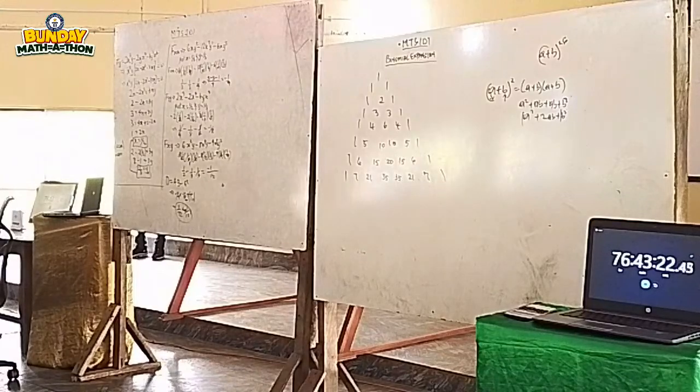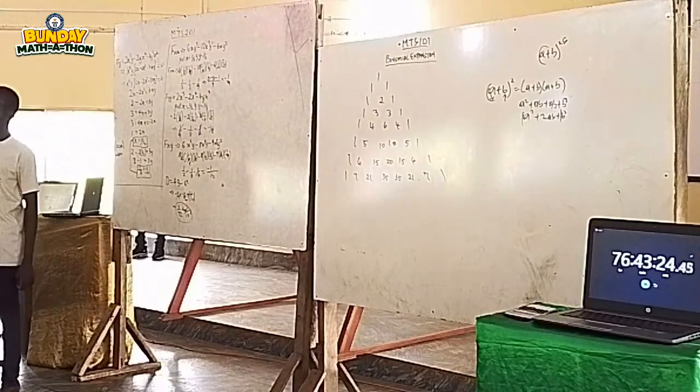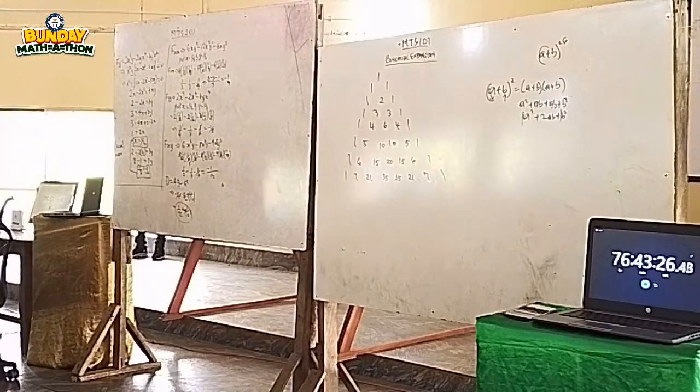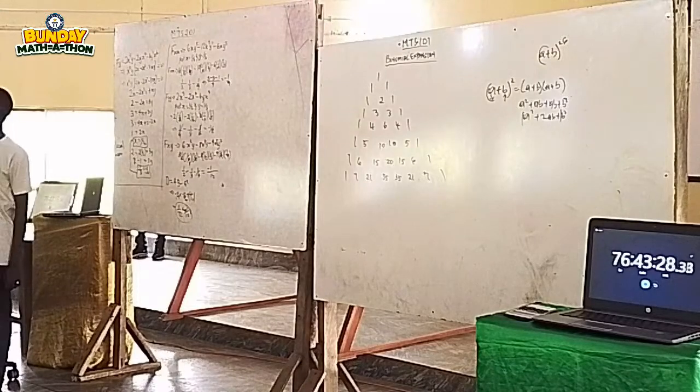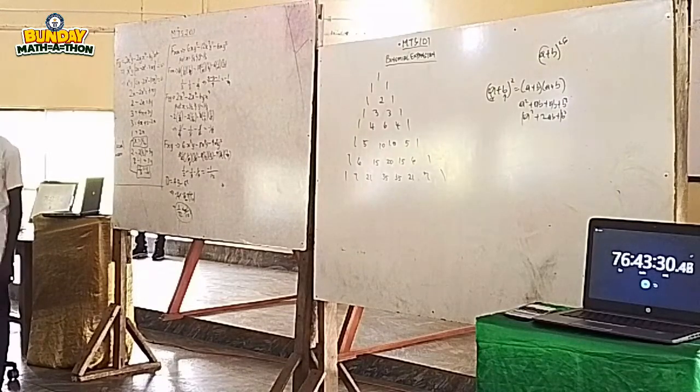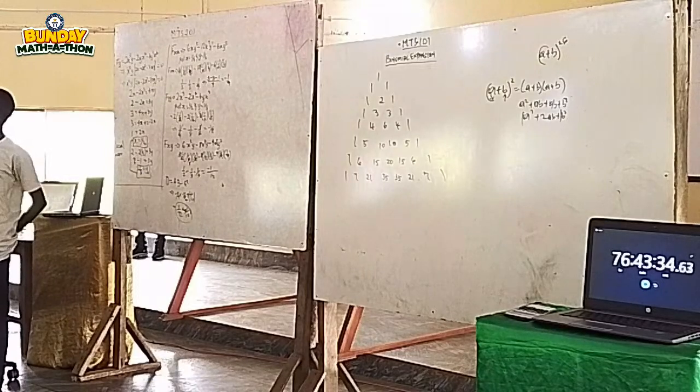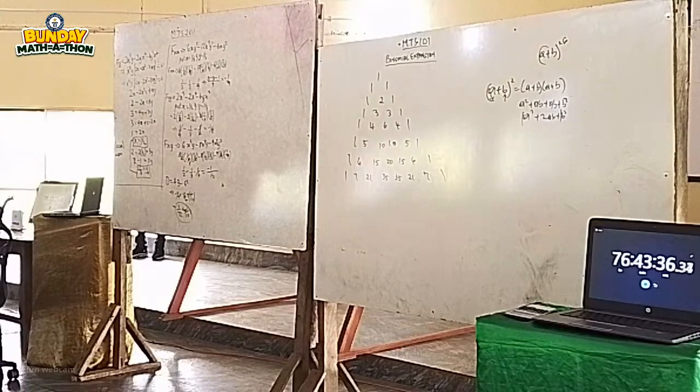Number 2: (2a plus 3b), everything raised to power 5. Number 3: (3 minus 2a) raised to power 4.